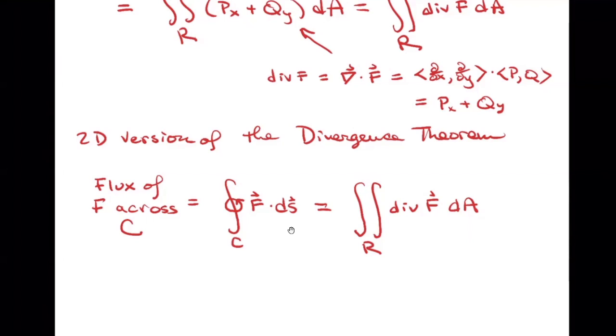And if the edge of the sink is like the boundary, then once the sink starts to overflow, you've got fluid flowing across this boundary curve, and that's going to have a total flux that's positive because it's an outward flow. That can only happen when the divergence is positive. So if the divergence is positive here, that's an outward flow that will cause flux across the surface. Across the curve, which is the boundary.